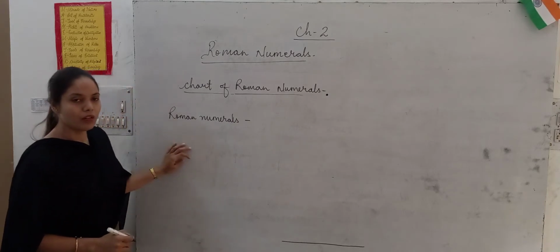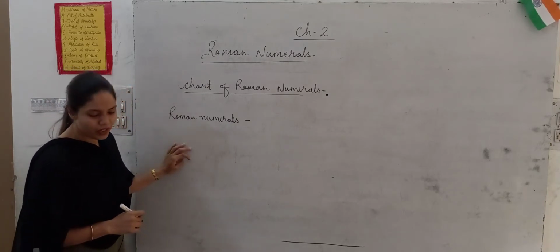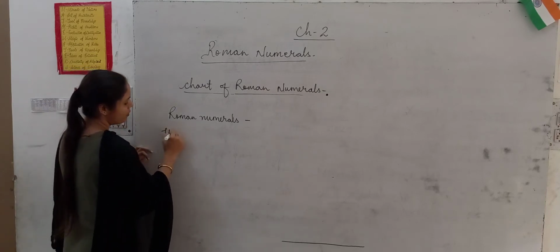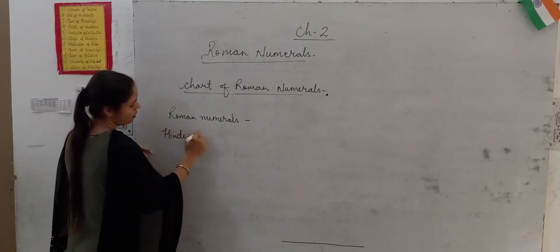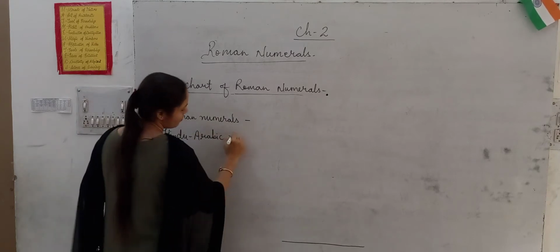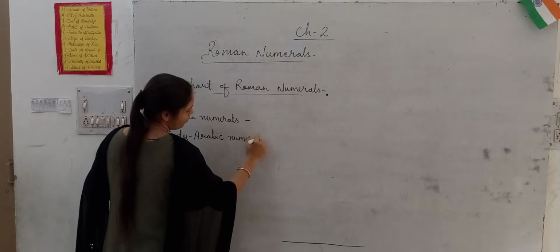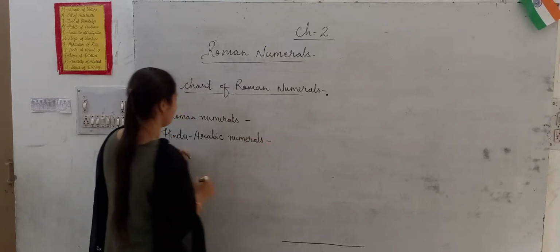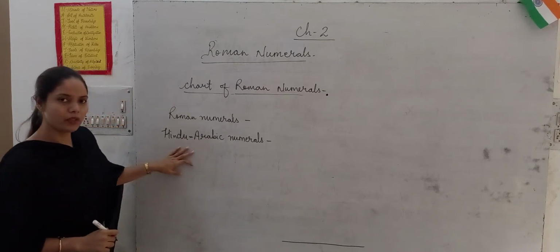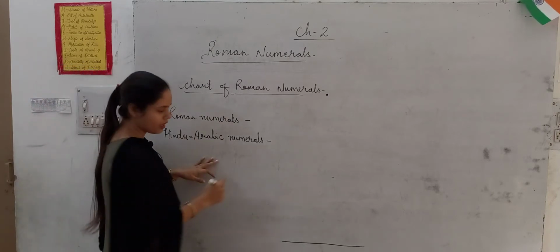And the numbers we write down, we started counting with Hindu Arabic numerals. The counting we normally use, we learned from our childhood, like Hindu Arabic numerals 1, 2, 3, 4, 5, 6.